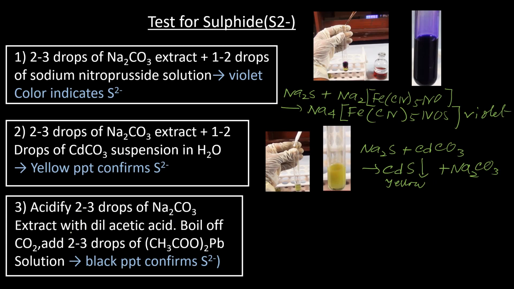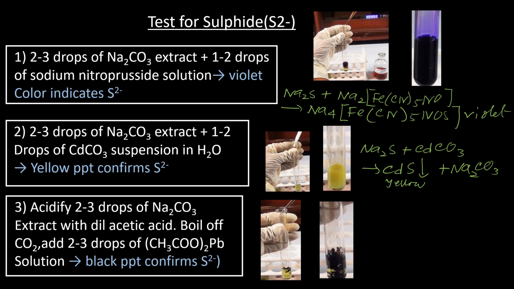Now, what is the last test? Acidify 2-3 drops of sodium carbonate extract with dilute acetic acid, boil off carbon dioxide, then add 2-3 drops of lead acetate solution; a black precipitate forms. So after neutralizing the sodium carbonate extract, if you add the lead acetate solution, then this black precipitate will form. What is the reaction? A similar type of double decomposition reaction. Here I am taking sodium sulfide plus lead acetate, (CH3COO)2Pb. Okay.